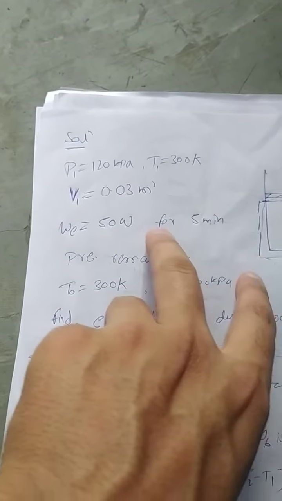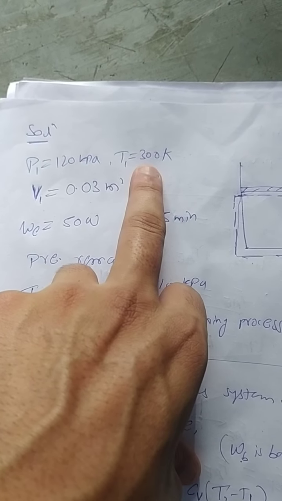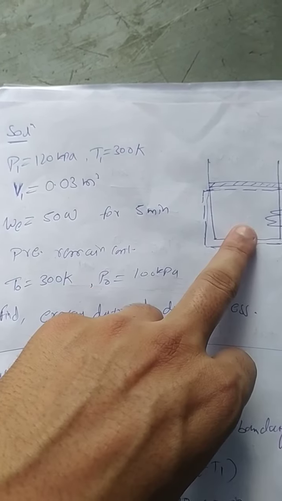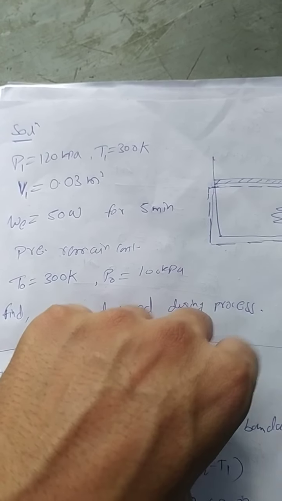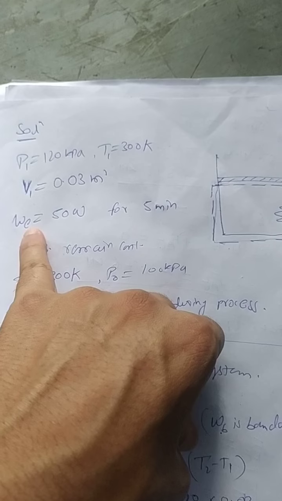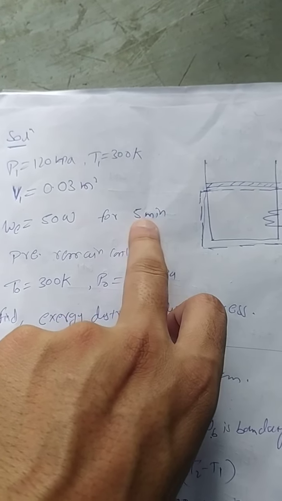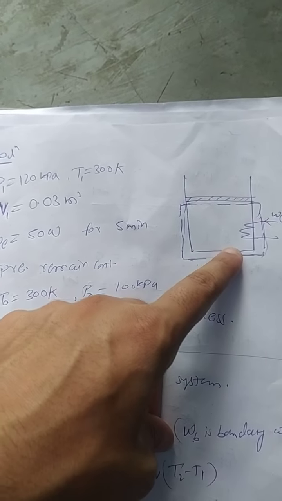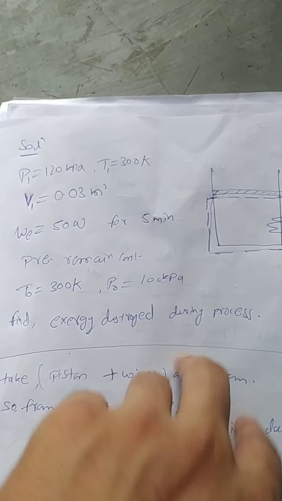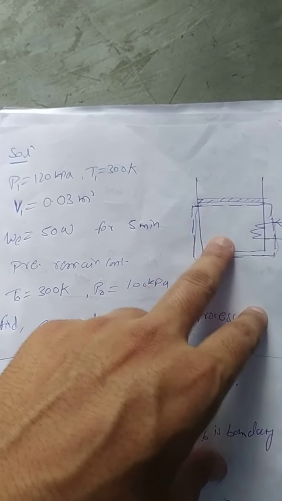Now the initial condition is 120 kilopascal, 300 Kelvin. Initial volume is 0.023 meter cube, and electrical work input is 50 watt for 5 minutes. So now pressure remains constant. Due to some change in property, there is some change in state of the system.